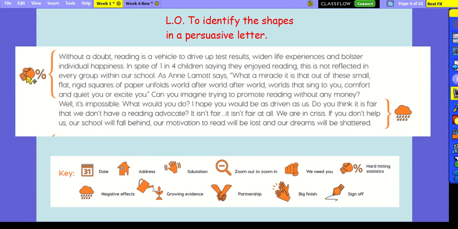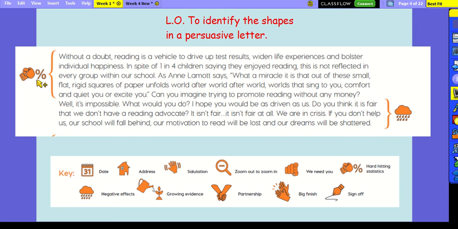Then we are going to go in with some hard-hitting statistics, so facts and figures that will convince our author to come and visit. Without a doubt, reading is a vehicle to drive up test results, widen life experiences and bolster individual happiness.